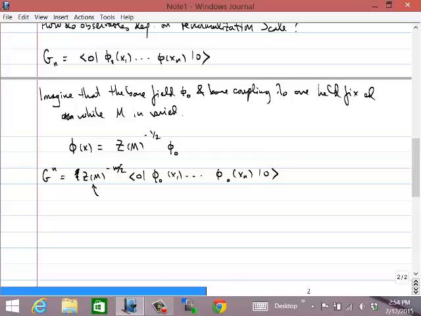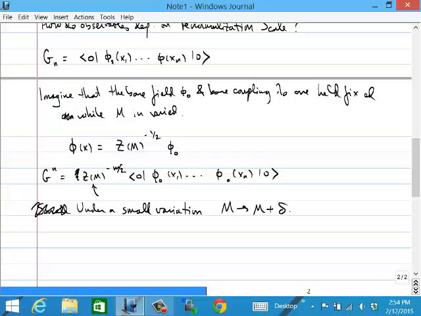So in particular, let's just imagine that we have some small variation of the renormalization scale, say where m goes to m plus delta m, then phi will go to phi plus delta phi, where delta phi is basically the variation of z with respect to m.